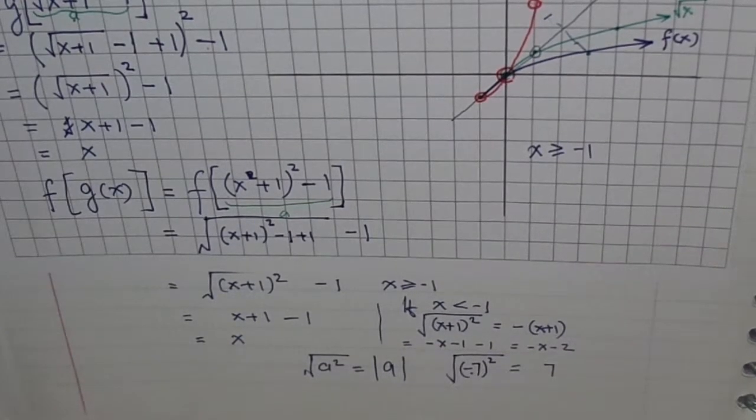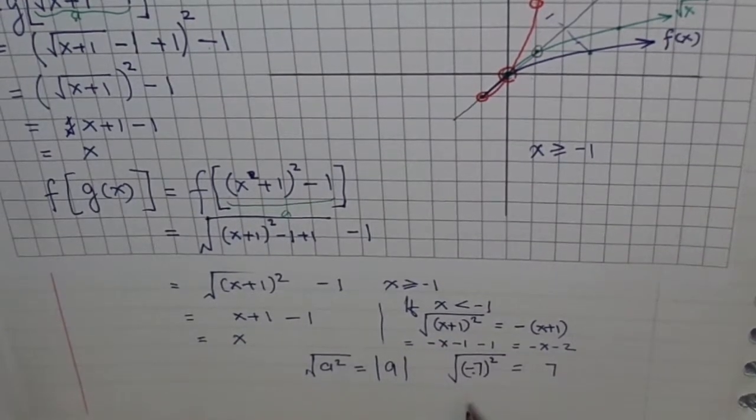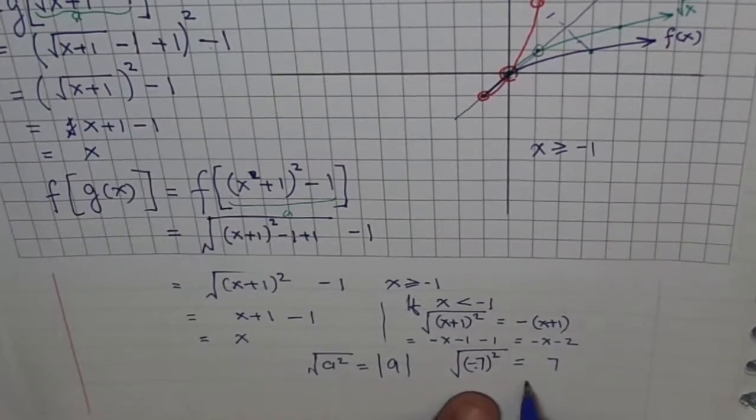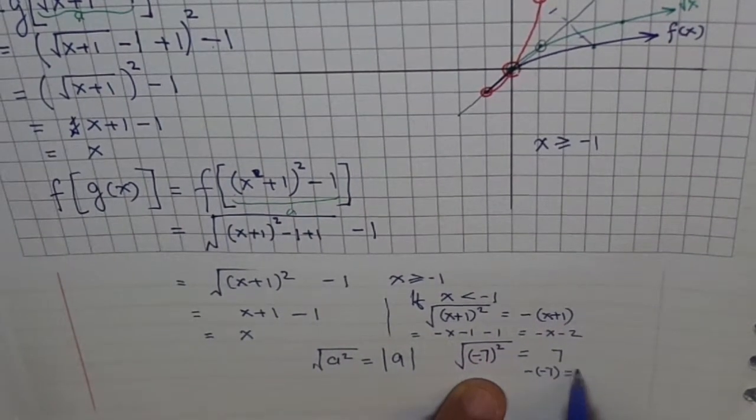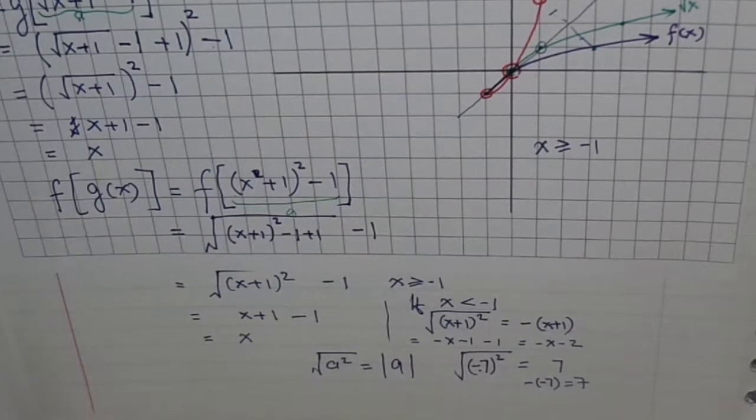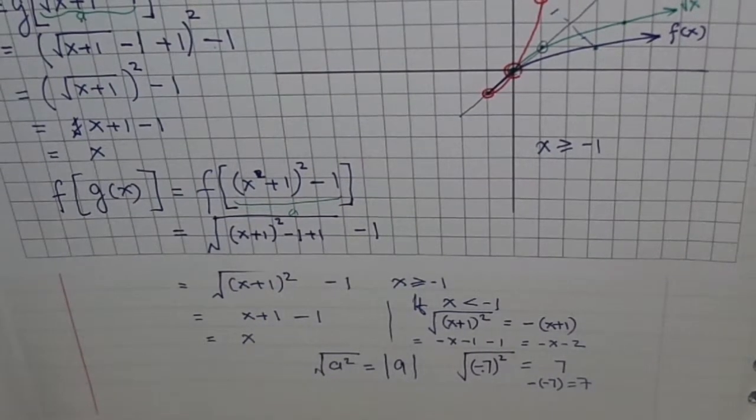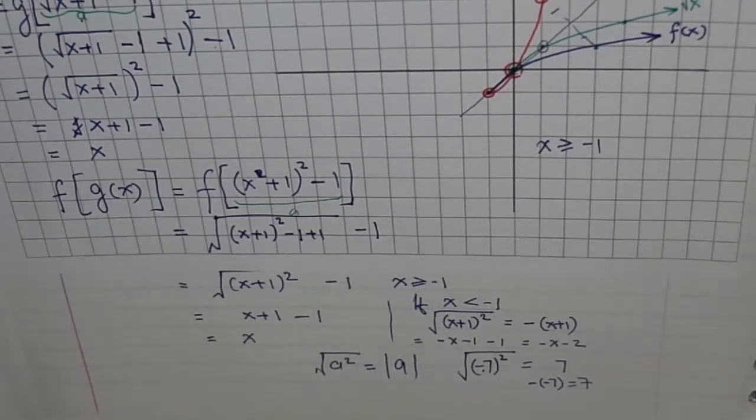Do you see? So when it is negative, then what we do? We take negative of this value. We take negative of negative 7, which is 7. That's what it is. You will understand this point when you see the video.